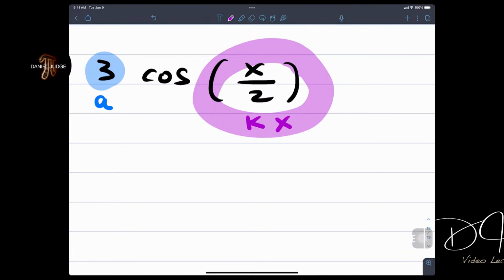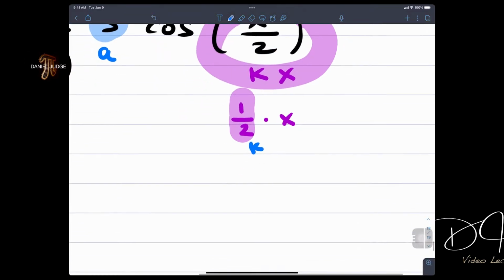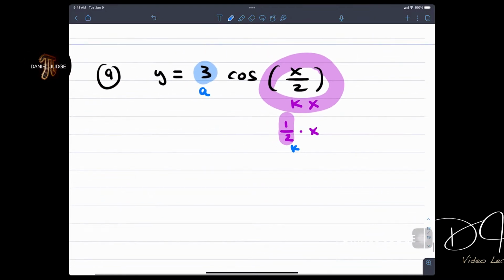Yes, you do. 1/2 x, ladies and gentlemen, is x over 2. So what that means is k is not 2. K, ladies and gentlemen, this is my k value. It is 1/2. Okay? So sometimes I think it's helpful to write that down and say, hey, here's my k value. It's 1/2.